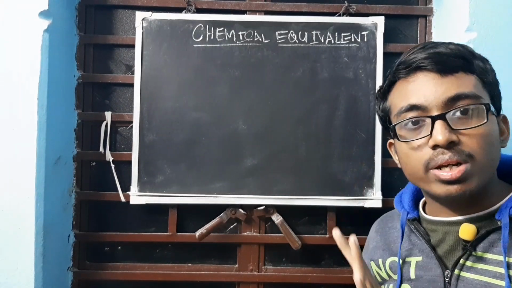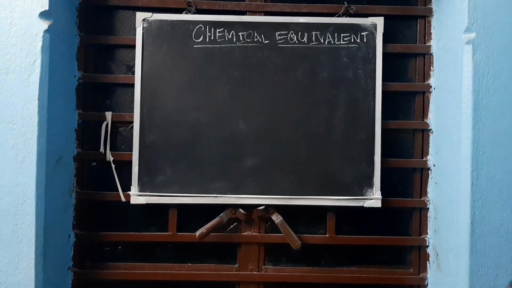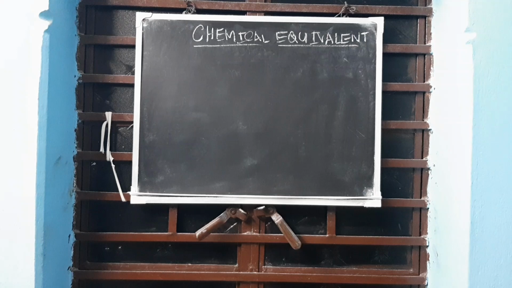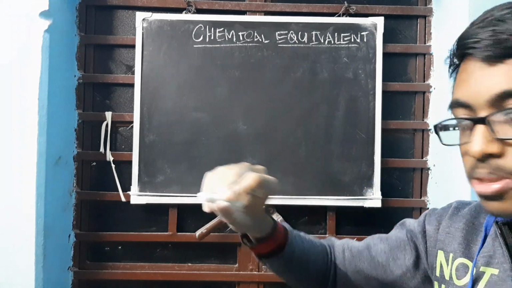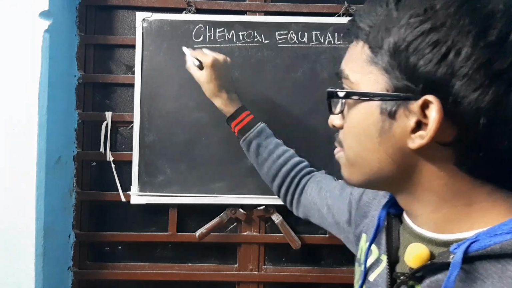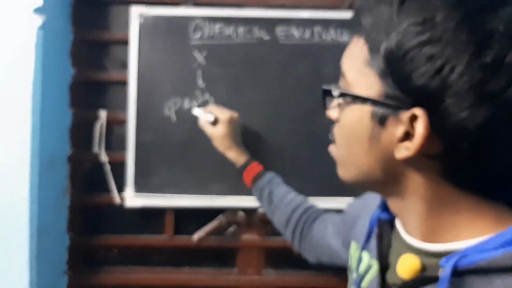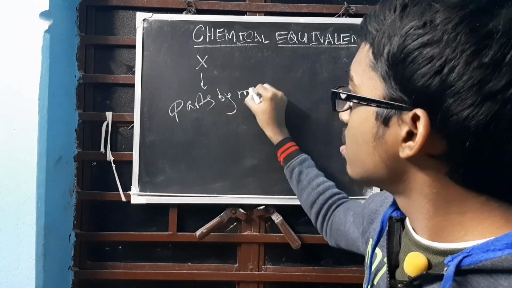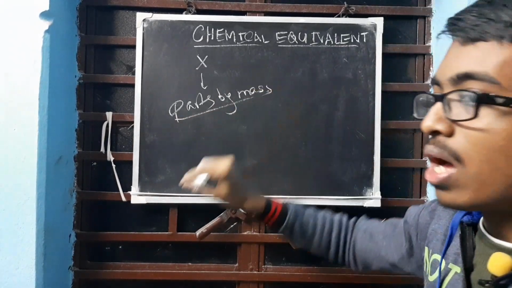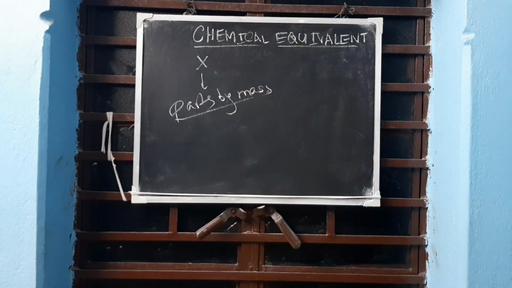This is equivalent weight. How will you define equivalent weight? Equivalent weight is the number of parts. Understand first. A substance is there, let us take X. How many parts by mass?